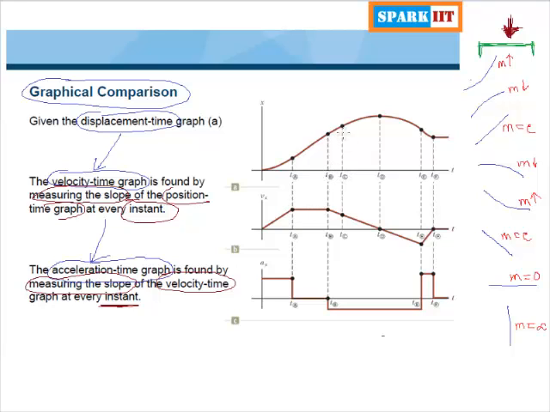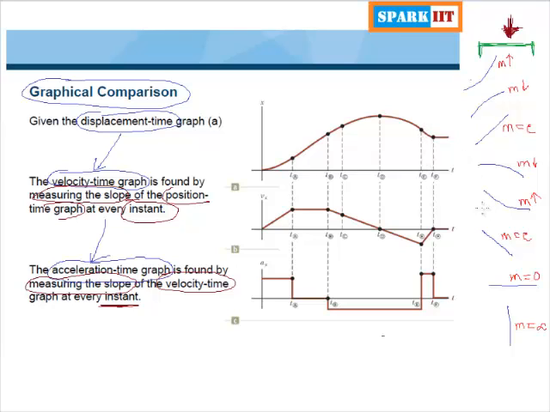From TB to TC the slope is decreasing, so velocity is decreasing. From C to D, similarly, I decrease the velocity till point D. From D to E the slope is again decreasing, so I decrease the velocity.